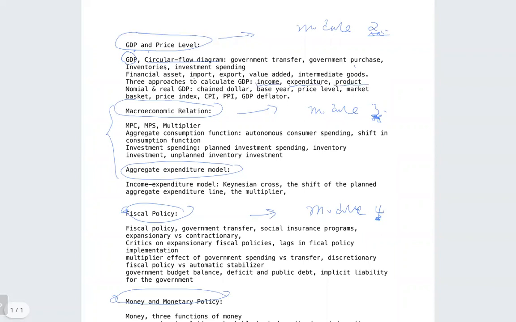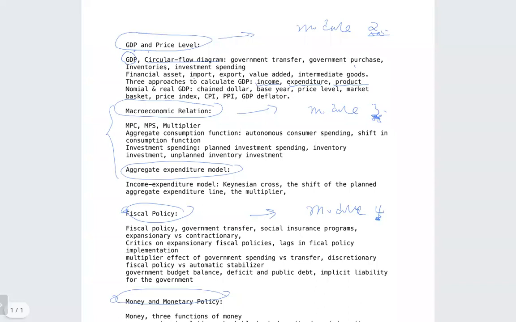The logic is pretty simple. 1 penny I spend must become somebody else's income. So everything we produce must then be exhausted as a return to the factor, to the owner of the factor. But what are the factors? Factors are those things used as input to produce our goods. That's why these 3 approaches must give you the same number.